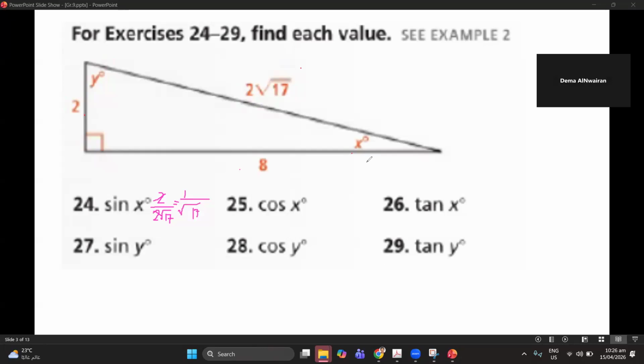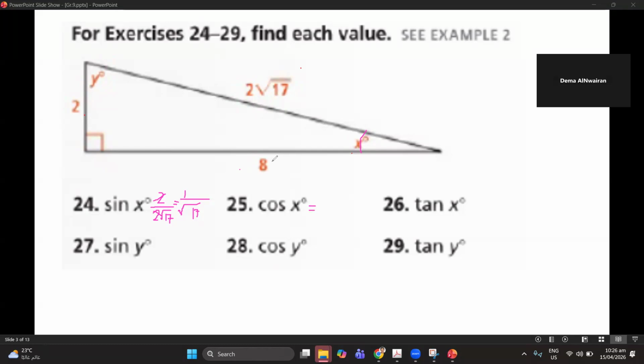Now see here, for angle x, sorry. For cosine of x, what is the cosine formula? Adjacent over hypotenuse. Thank you, Batul.